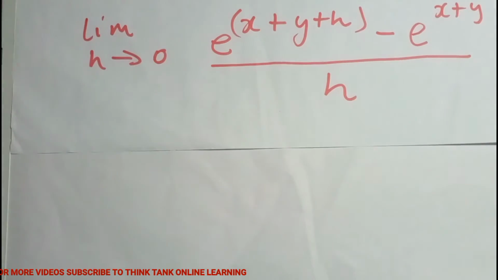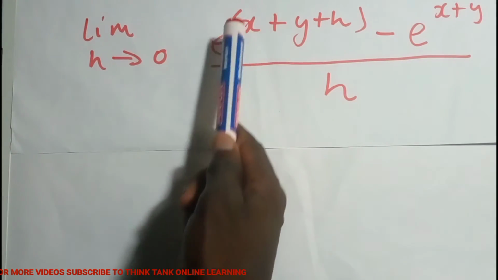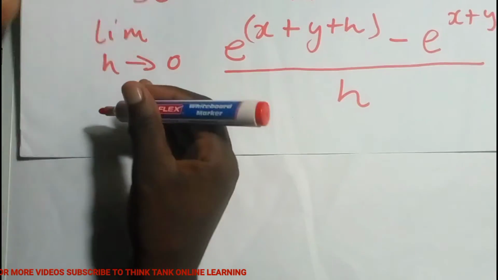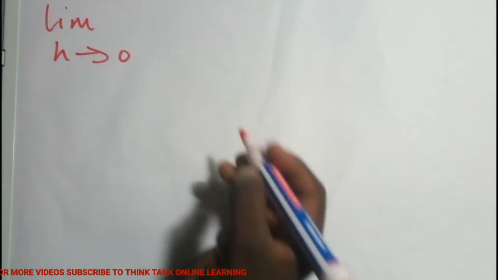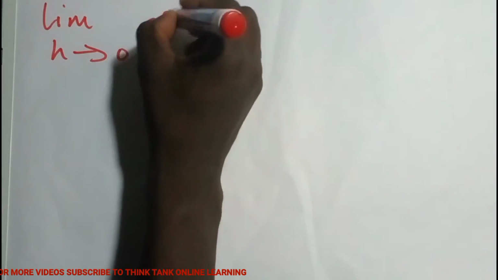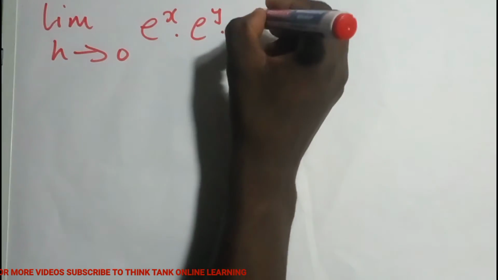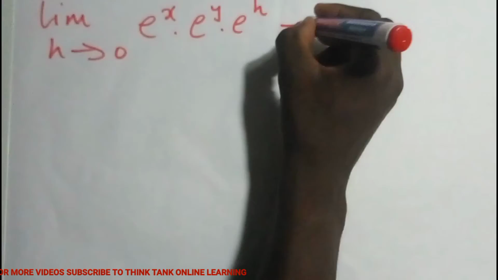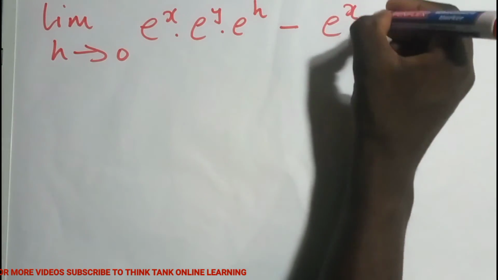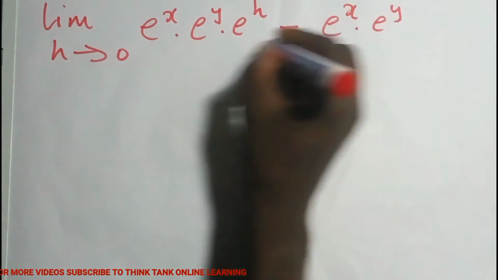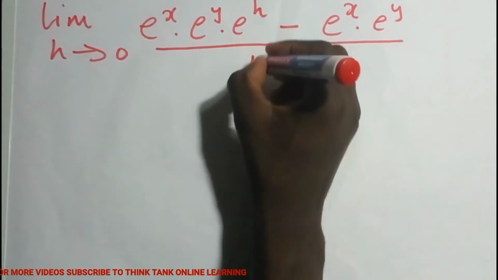So what we're going to use is indices, and we know that e to the power x plus y plus h is the same as saying the limit as h approaches 0 of e to the power x times e to the power y times e to the power h, minus e to the power x times e to the power y, over h.